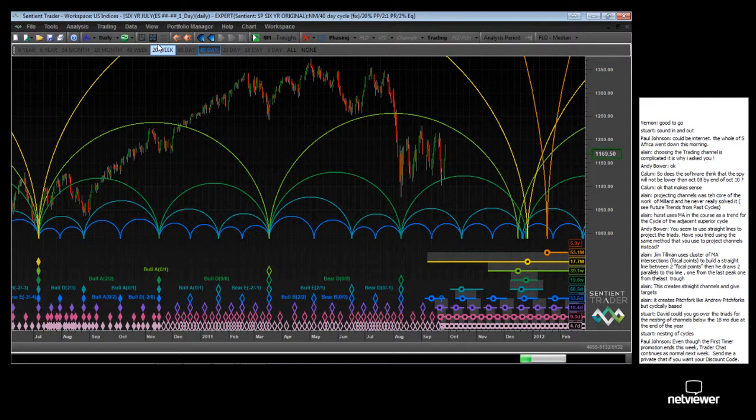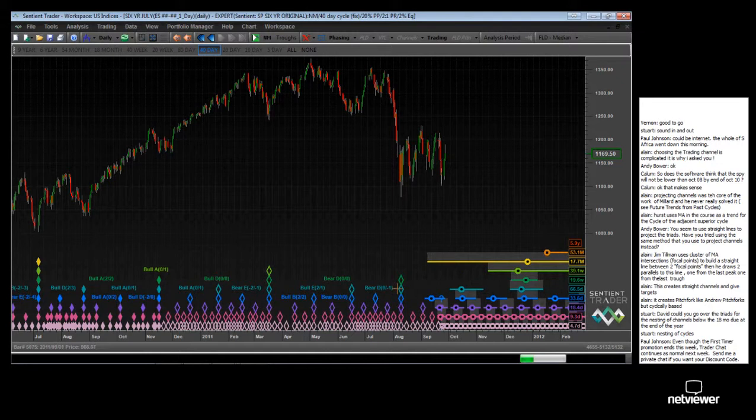That's what this diamond means over here. And that next 18-month trough is expected at this circle over here. And if I turn on my semicircles, you can see the semicircles coming down here as well. So you can see that at the moment that is expected in 91 days' time, 27th of December 2011. And so that's when the next 18-month trough is due, according to the phasing analysis.